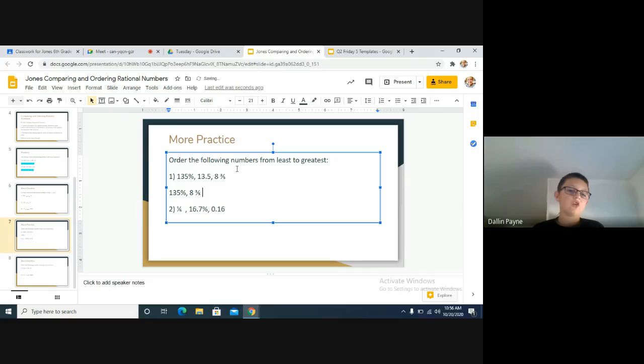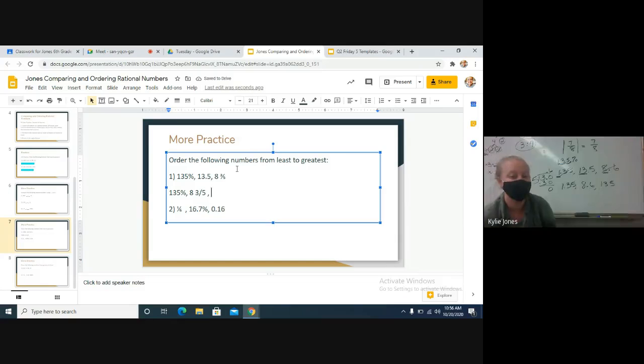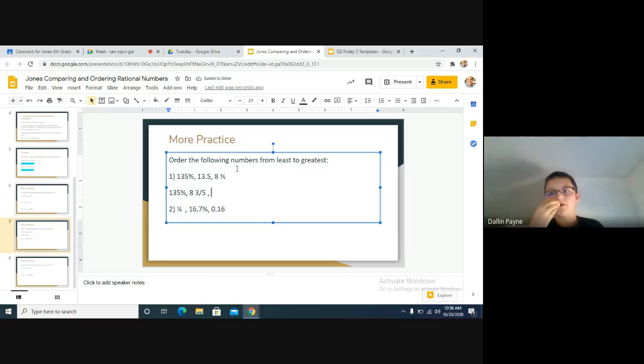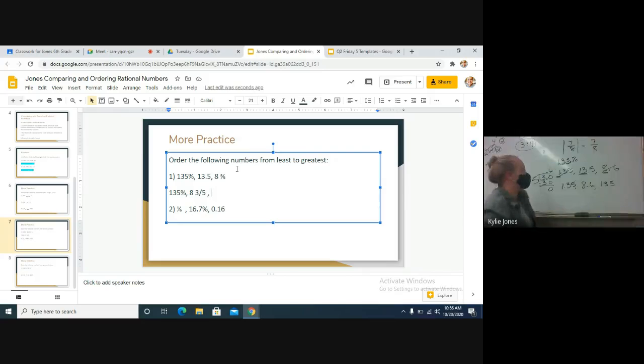Wouldn't 135% be equivalent to 13.5? No, because you moved it twice. Oh, 2 decimals over makes it 1.35. Okay. And then our last one that's left was 13.5, and that was already in the correct format, so it stays 13.5.